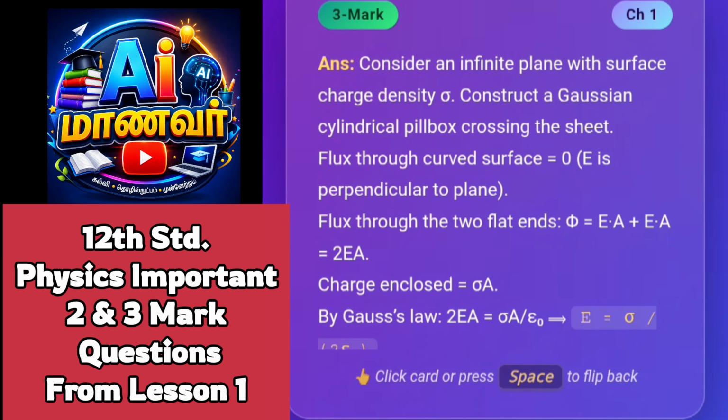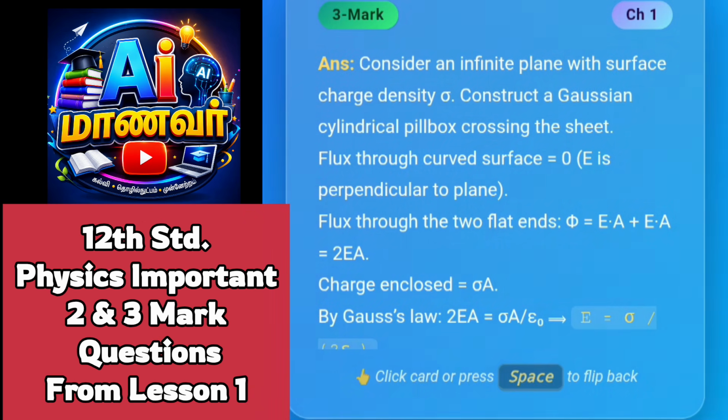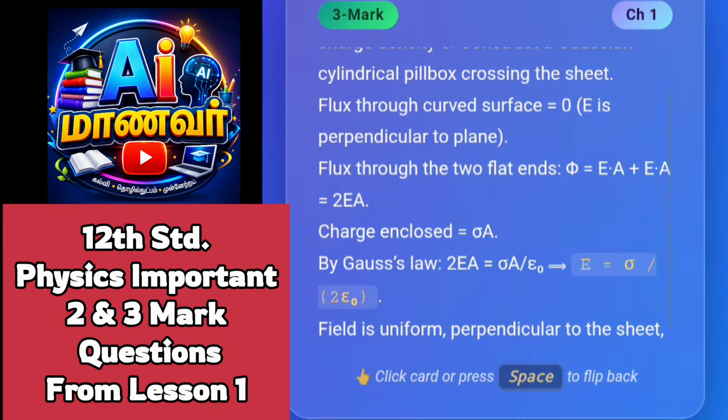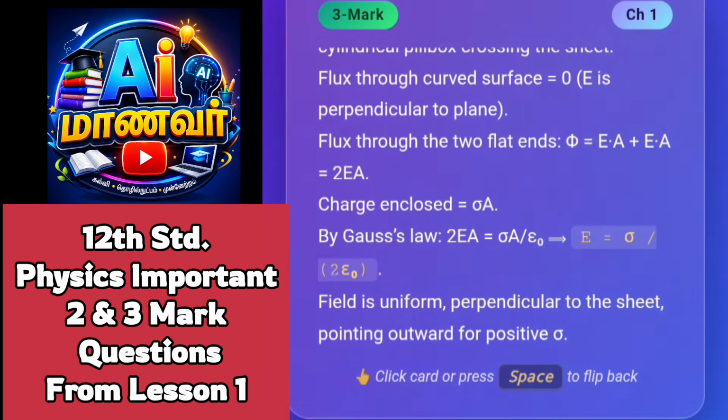Flux through the two flat ends: phi is equal to E dot A plus E dot A equal to 2EA. Charge enclosed is equal to sigma A. By Gauss law, 2EA is equal to sigma A by epsilon naught. Formula given. The field is uniform, perpendicular to the sheet, pointing outward for positive sigma.